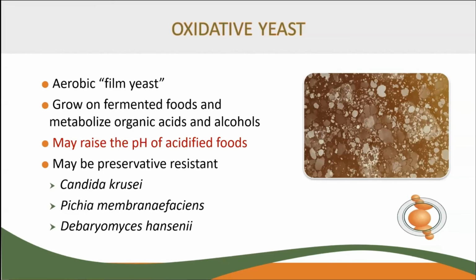We know that for acidified food, the pH is the control factor. However, some oxidative yeast and mold can spoil acidified food by metabolizing organic acid. If they grow substantially, they could raise the pH of the food to an unsafe level.